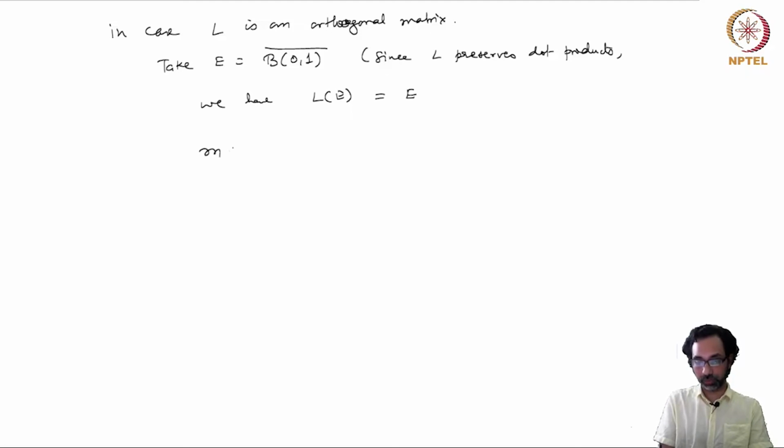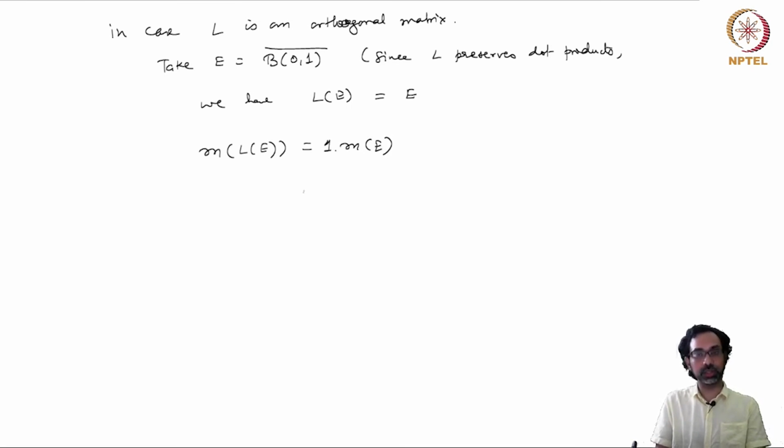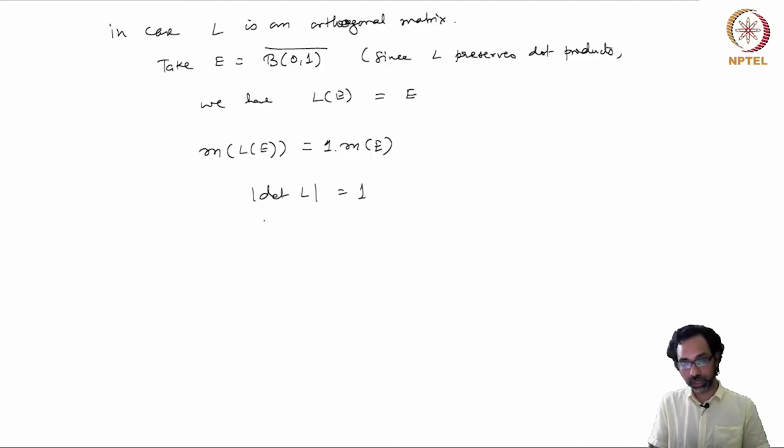So then we have M of LE is equal to M of E, and this can be written as 1 times M of E, and of course 1 here is the modulus of the determinant of L, because L is an orthogonal transformation. So in this case we can also check that our formula holds, that C is the modulus of the determinant of our linear transformation.